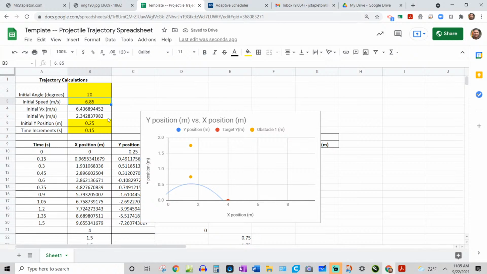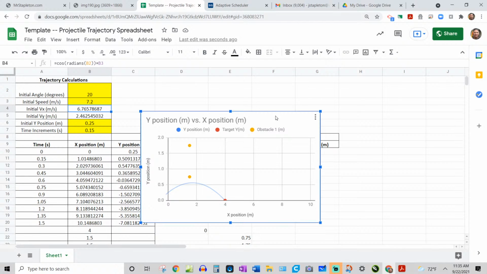And then I just need to shoot a little bit faster. Let me try 7 meters per second. 7.5. A little less, 7.1. 7.2. It's guess and check, but it's not just guess and check because you already had to do the math to set the whole thing up.